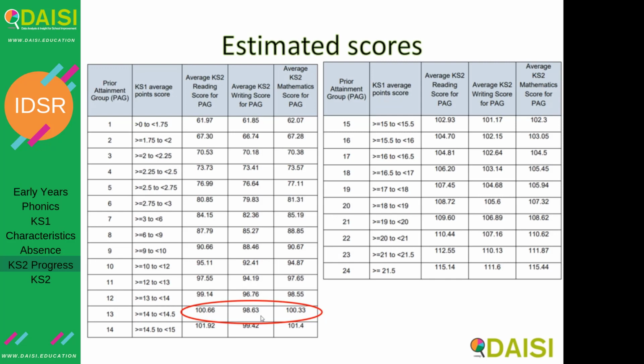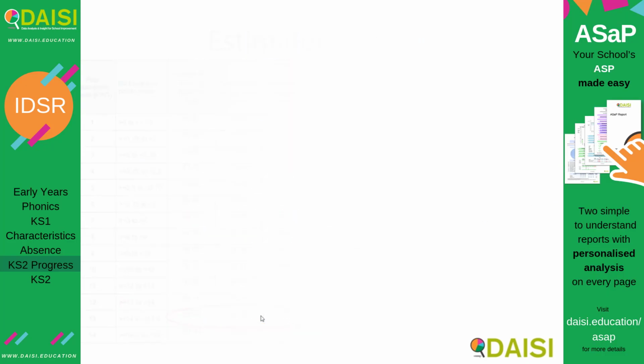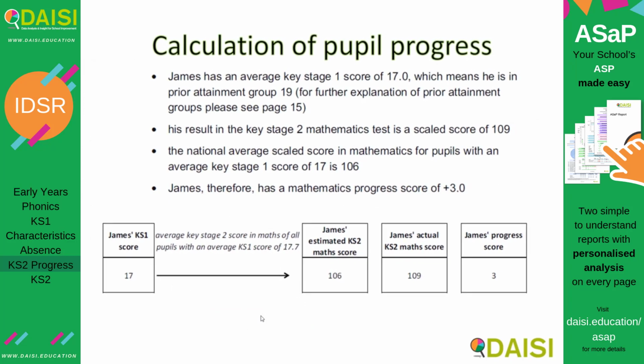These pupils who were, say, 2B for reading, 2B for writing, and 2C for maths. So your progress score is the difference between your scaled score and the estimated score, the national average. So if we go back to our previous example and change his Key Stage 1 score to 14, then we can see his estimated score changes, so his progress score is now 8.67.